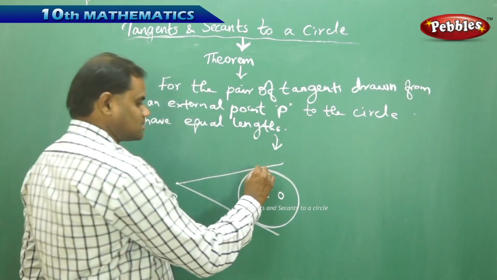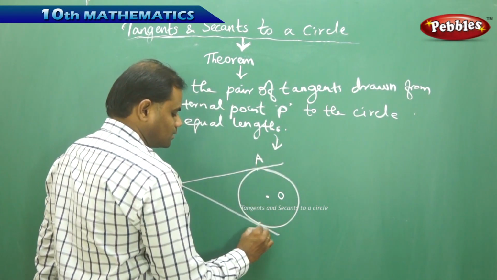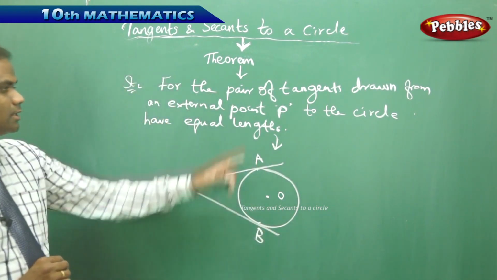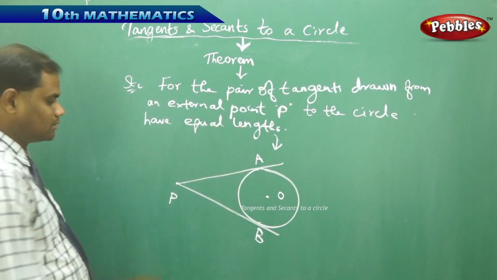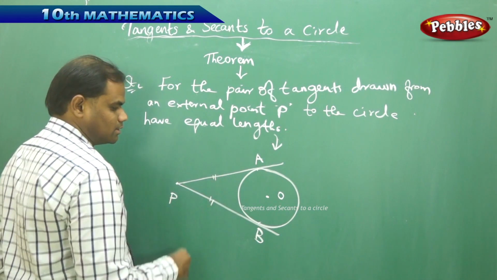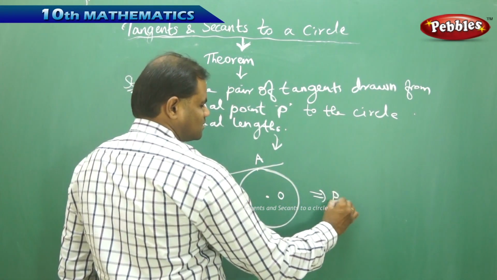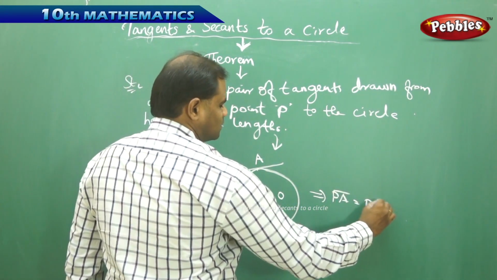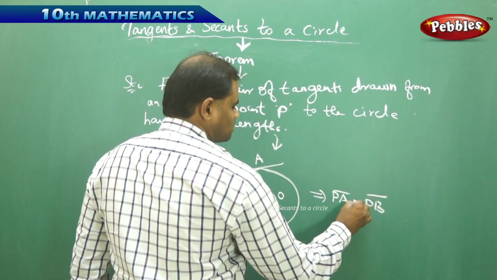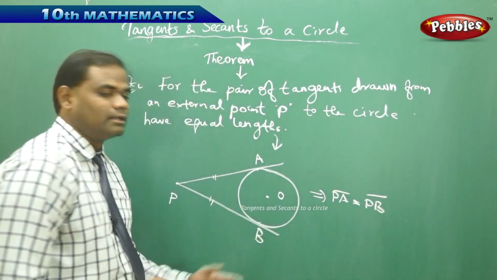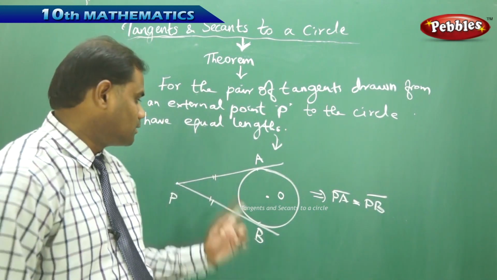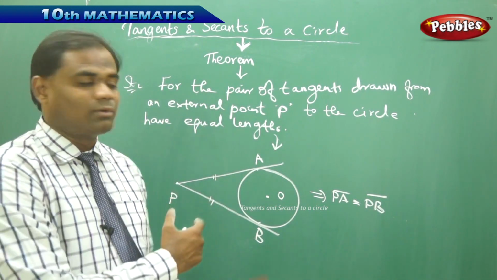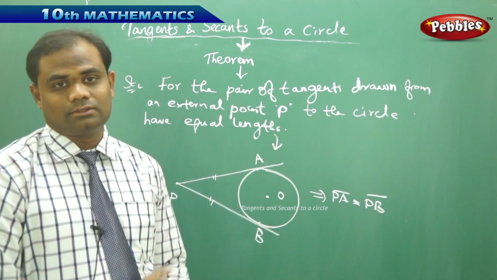Then if I take these points as A and B, then mathematically the statement says that the two tangents will have equal length. That is, PA is equal to PB, is the property we identify in tangents connected with circles. Two tangents are equal if they are drawn from an external point to the circle.